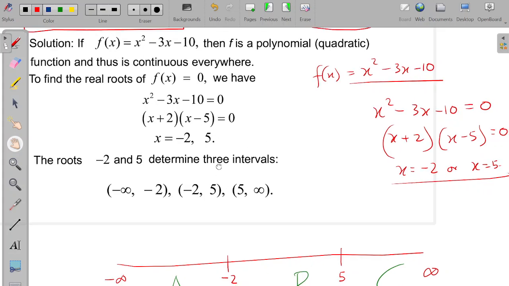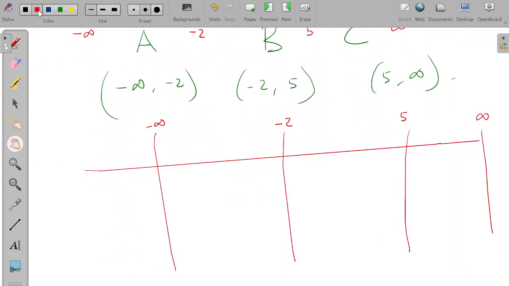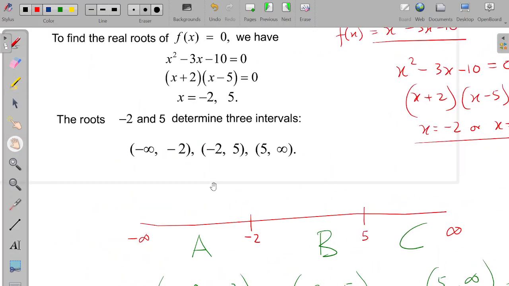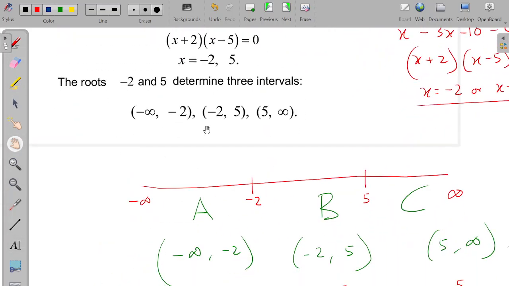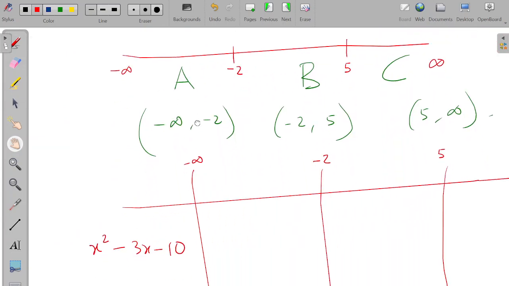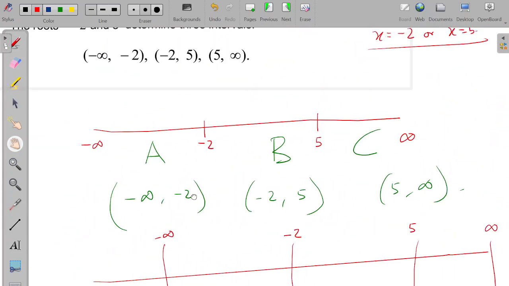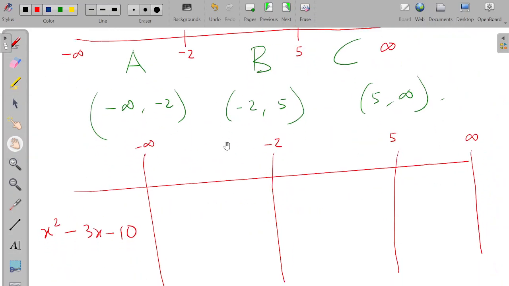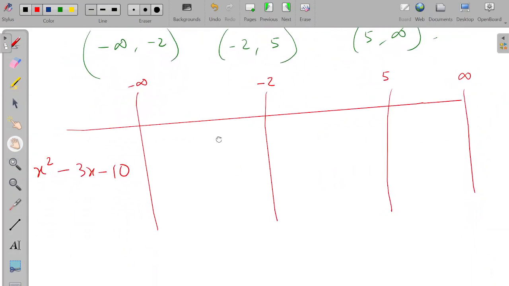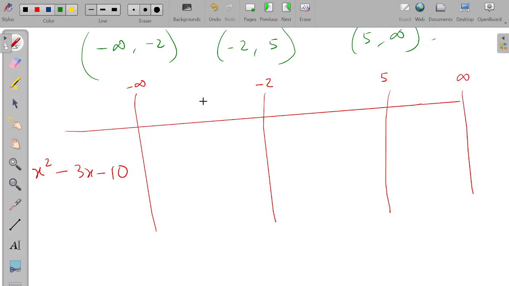What is our function? It is x squared minus 3x minus 10. The function can be divided into the factors we have, but there might not be need for that. Just put the function there and get a value between the intervals.